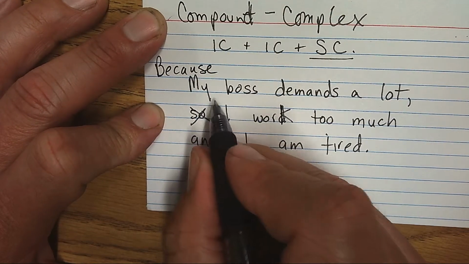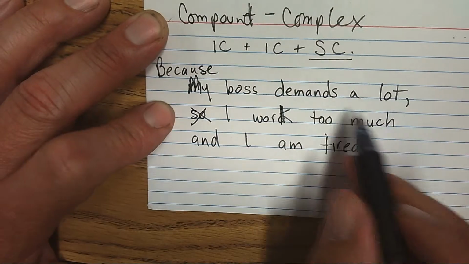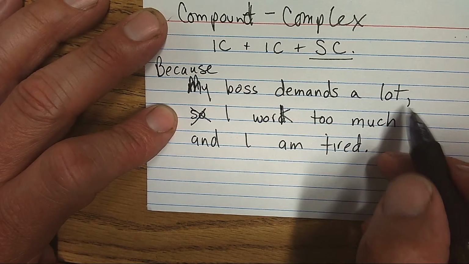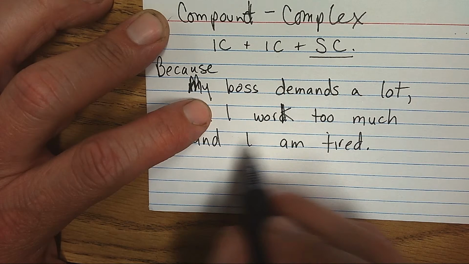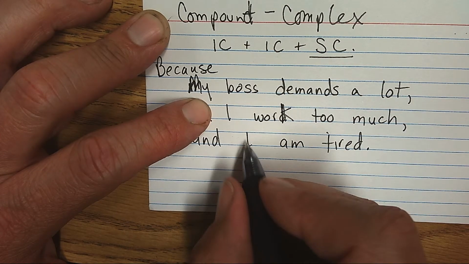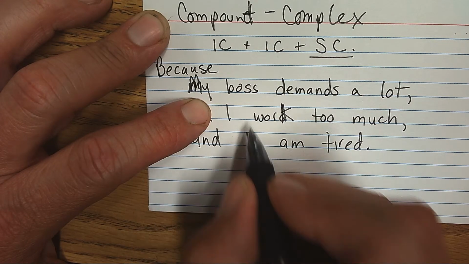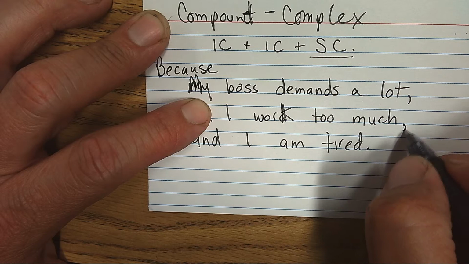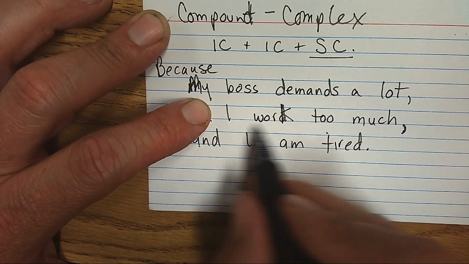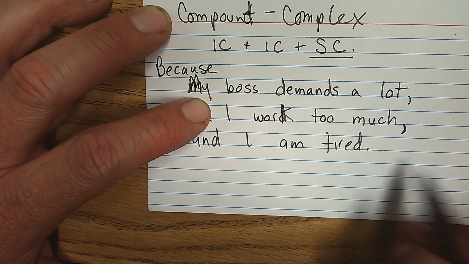So because my boss, of course that's lowercase here, my boss demands a lot, comma before the independent clause, I work too much, comma, coordinating conjunction between 2 independent clauses. So we still follow the same rules. Because my boss demands a lot, I work too much and I am tired.